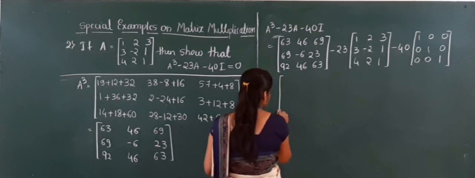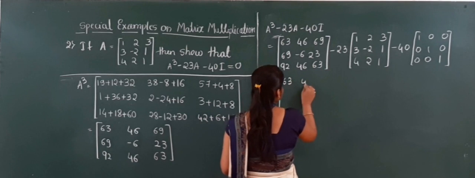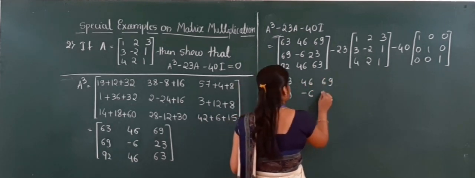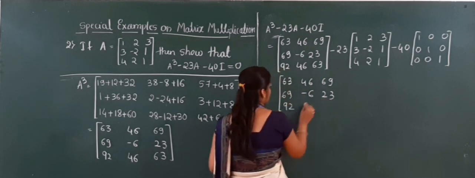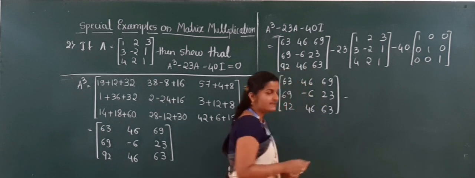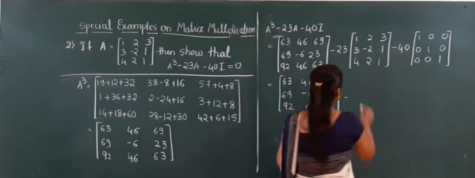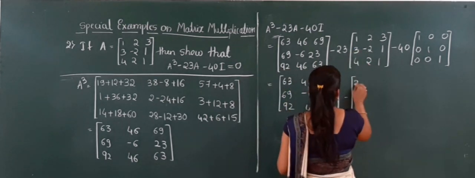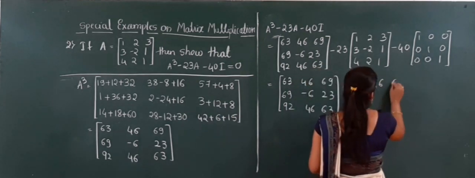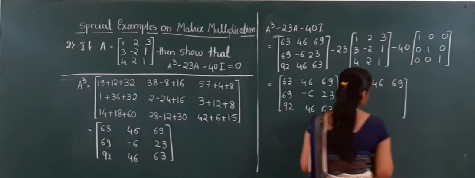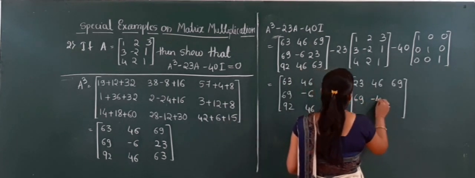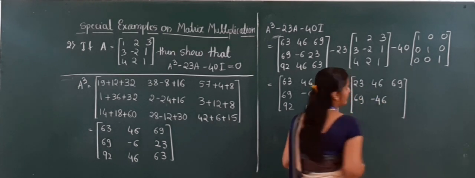Next, I will keep A cube as it is. Minus, so I have to multiply by 23. 23 ones are 23, 23 twos are 46, 69. 23 threes are again 69, minus 23 twos are 46.